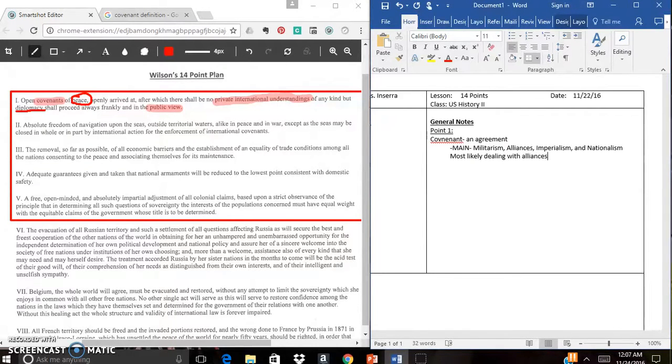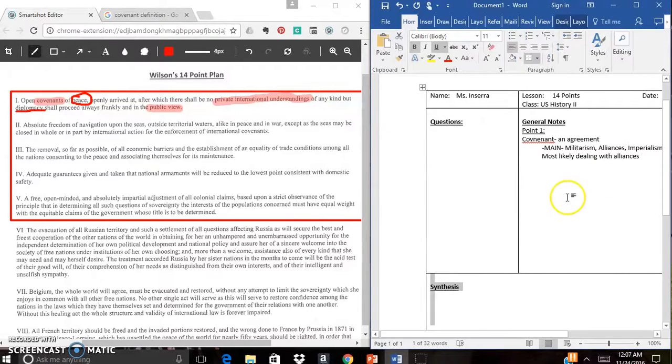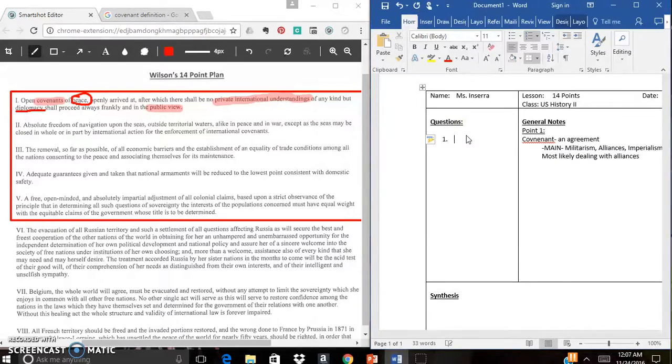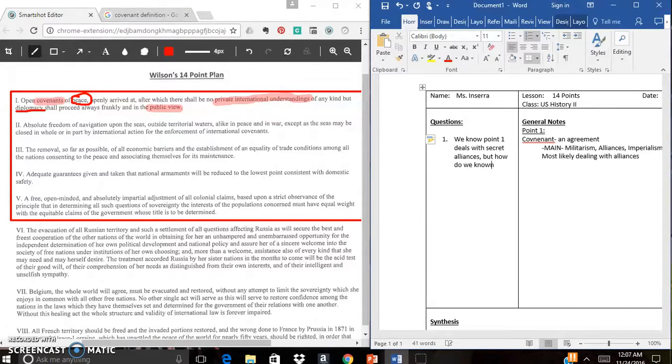And how do we know that this is so? Well, we can start asking questions over here. We know point 1 deals with secret alliances, but how do we know this?